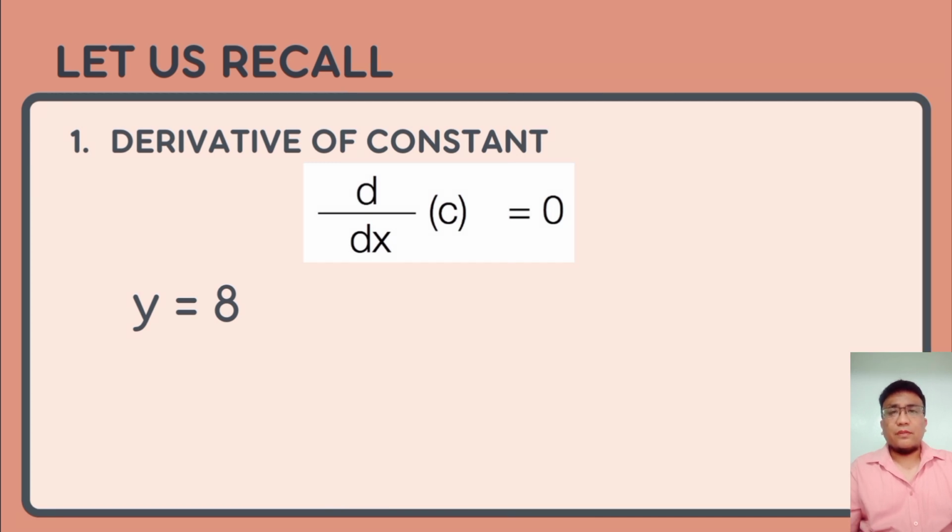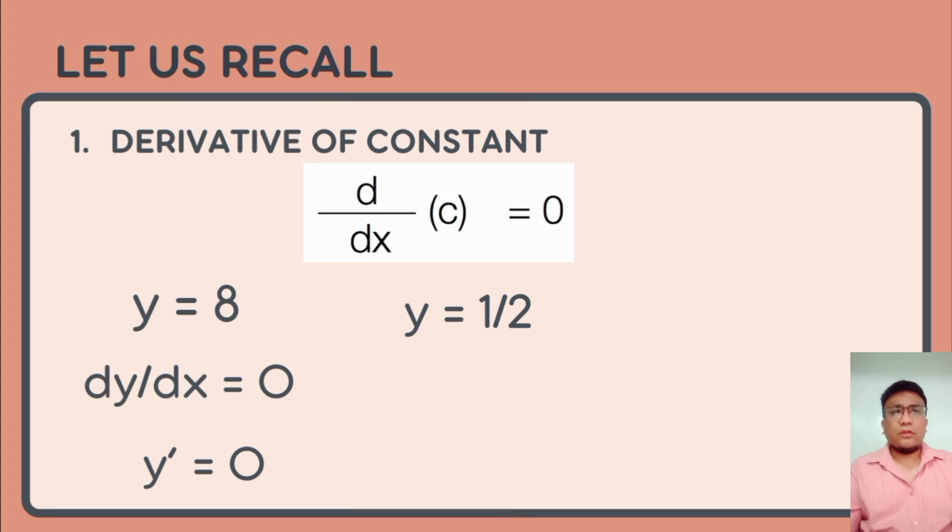The derivative is dy over dx, and it is equal to 0. We can call it also y prime. Well, how about y is equal to 1/2? A fraction number. Even though it's a fraction, it's always constant, and then it is 0. It's always 0 for constant.